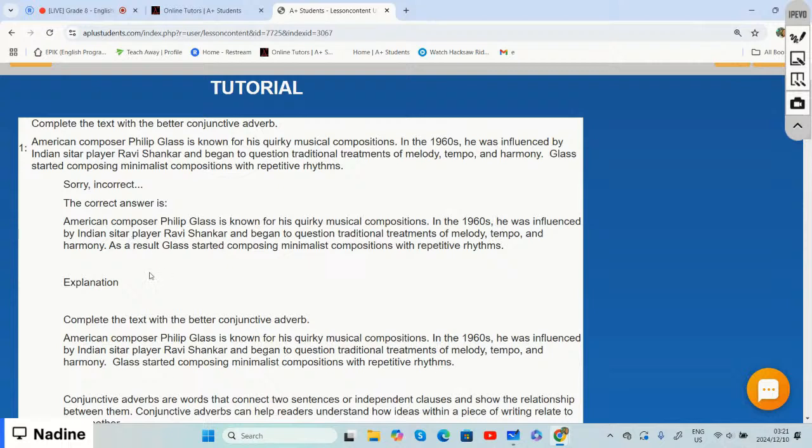All right. So we need to complete the text with a better conjunctive adverb.